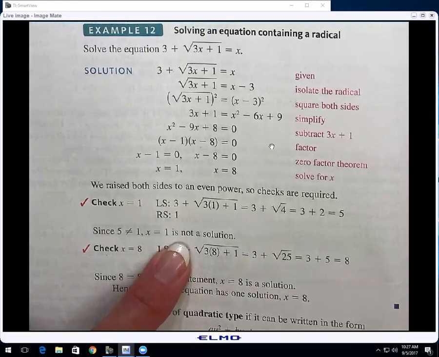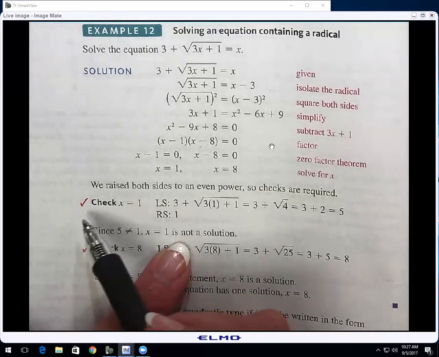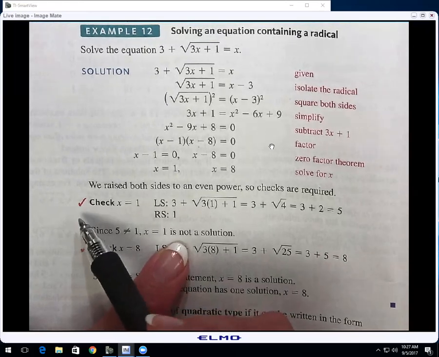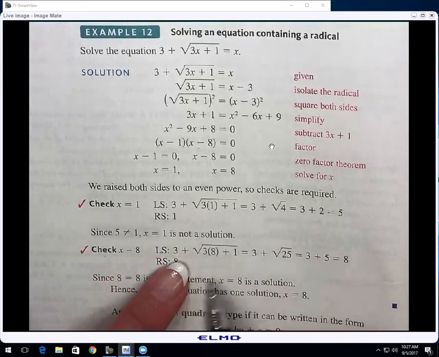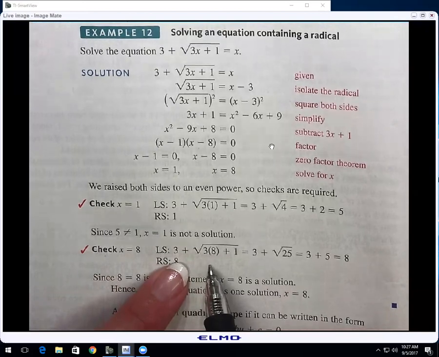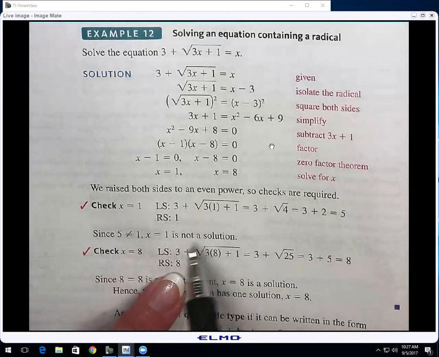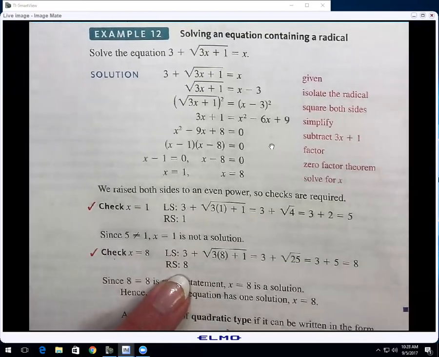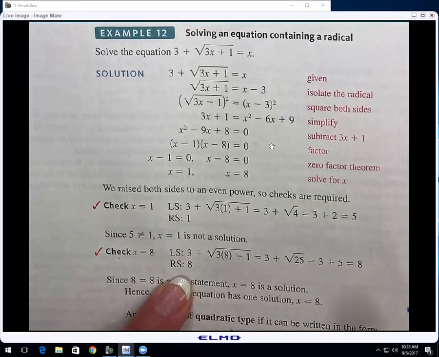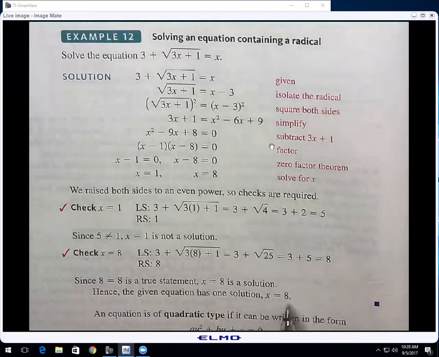I was looking at that red check mark and I thought they were saying it does check. 1 doesn't check. 8 checks though, because if we put 1 on the left-hand side, we get 8. If we put 8 on the right-hand side, we get 8. The left-hand side and the right-hand side are the same thing, so that equation has one solution, it's 8.